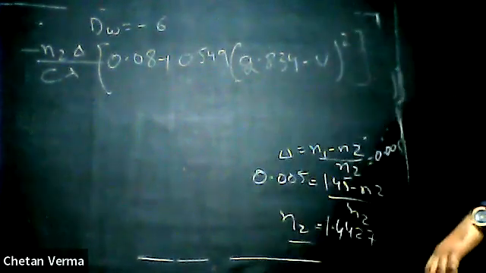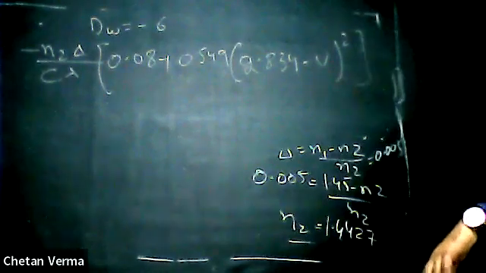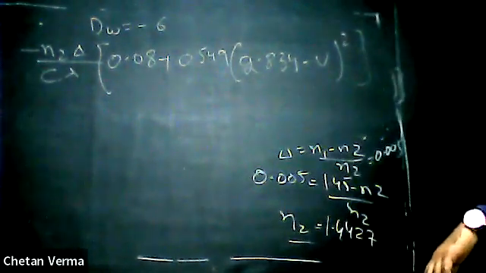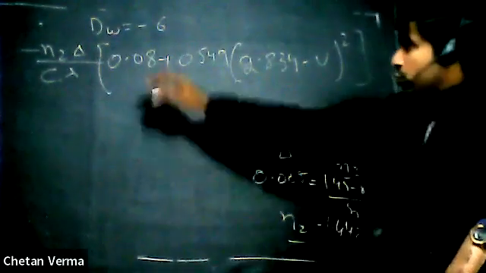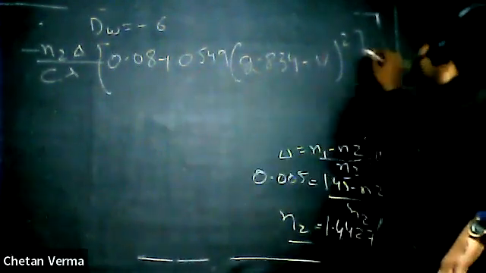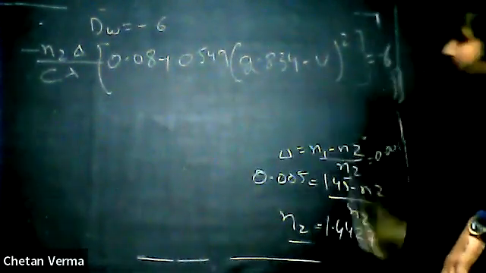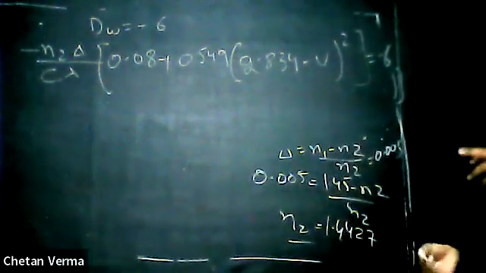That is your complete formula. So according to this, Dw is equal to minus 6, because that is the formula of your Dw.